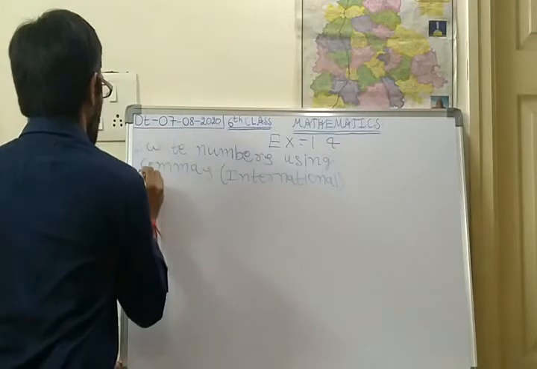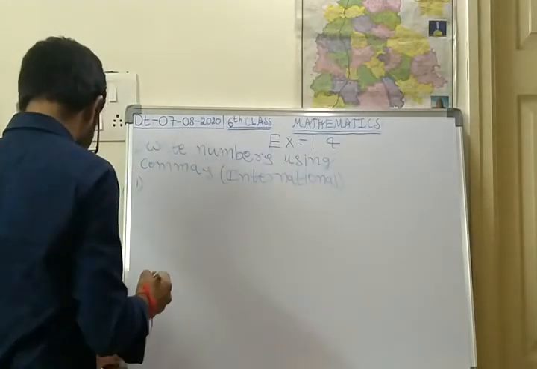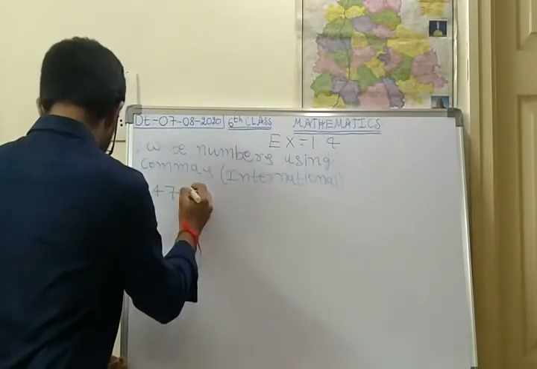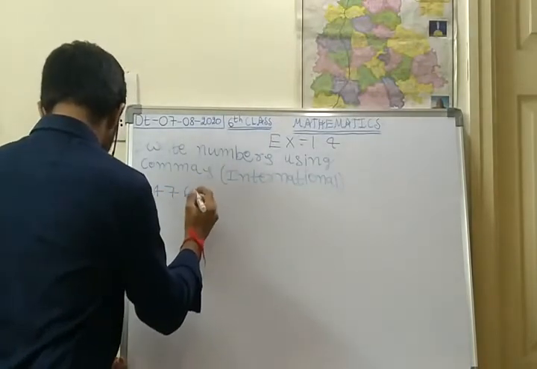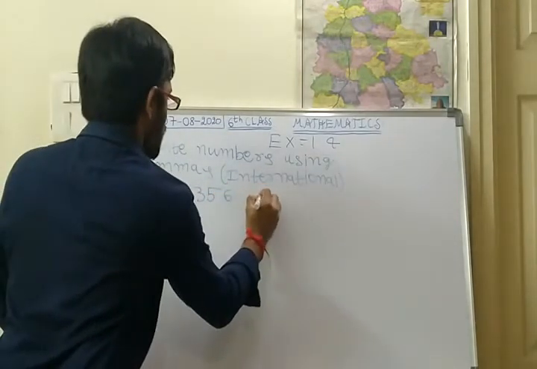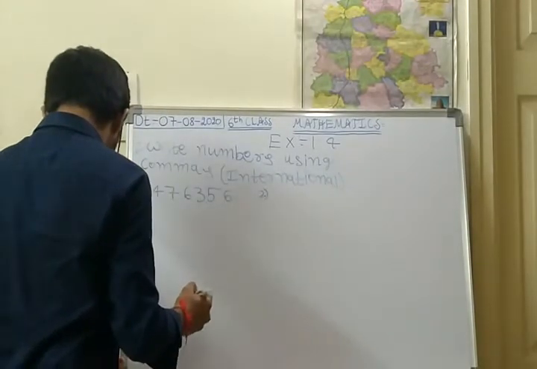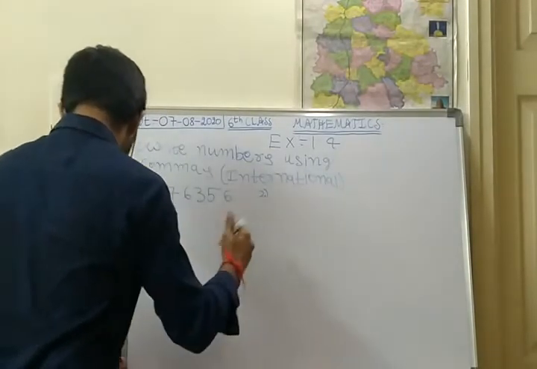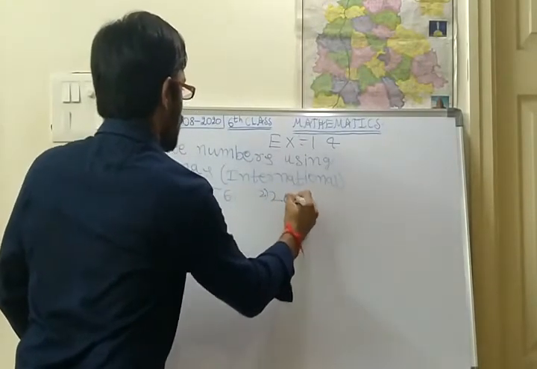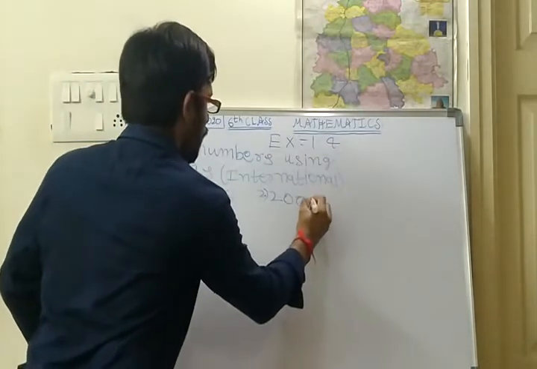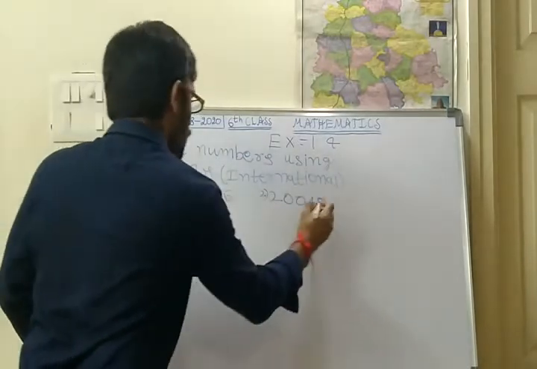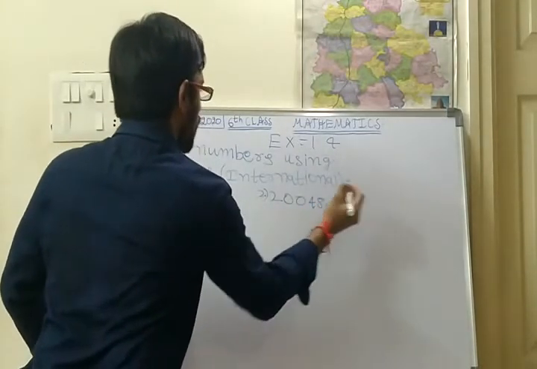Okay, first one: 476356. Second one: 200484 21. This is the first bit.